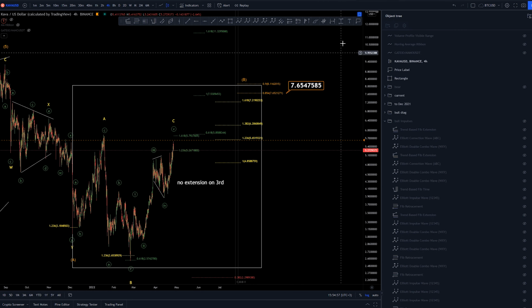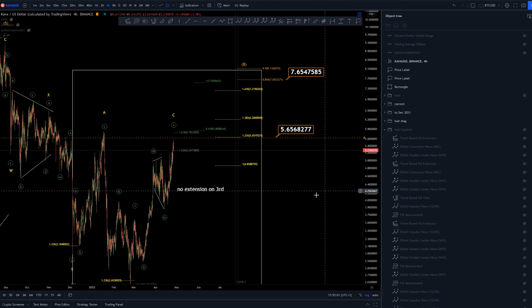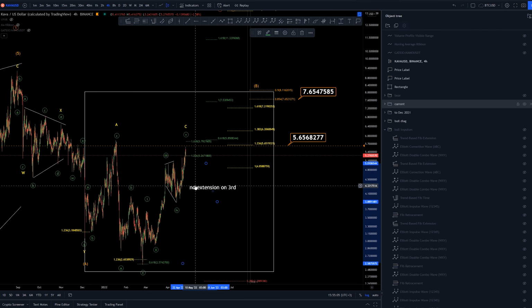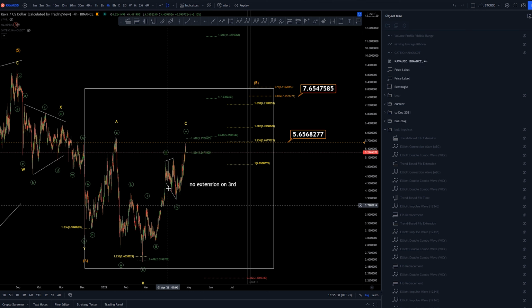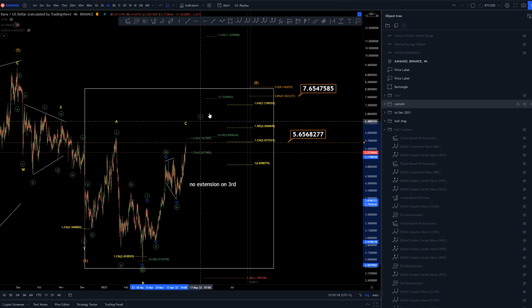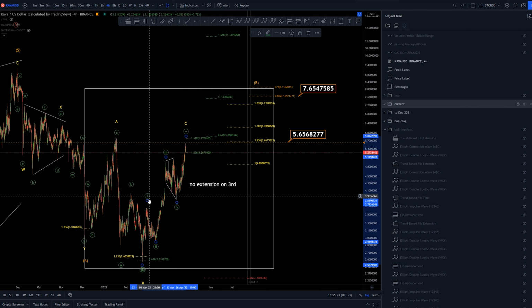Still missed the 1.236 extension around the $5.65. We also got targets for the fifth wave, as the third wave is not extended, it has not come up to the 1.618 of wave 1. It is legal though, there's no issue with this count, but we would be expecting wave 5 to come up higher, as wave 3 is not extended, nor is wave 1.